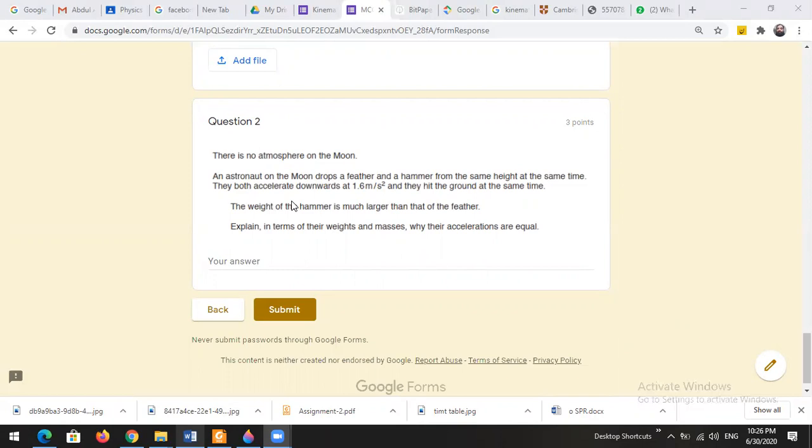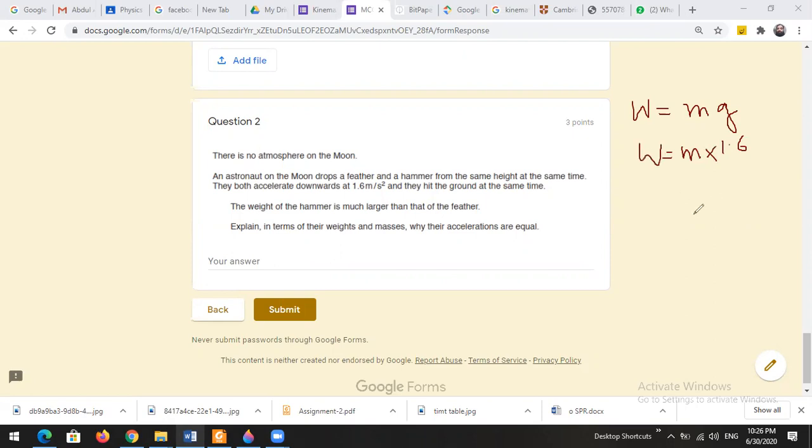Explain in terms of their weights and masses why their accelerations are equal. So in this question you have to write first that weight depends on the mass, because we know that weight is equal to mass times gravitational field strength. Gravitational field strength is 1.6. So whatever the mass is, weight will be respective of this.